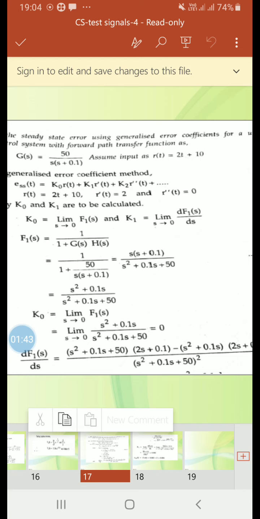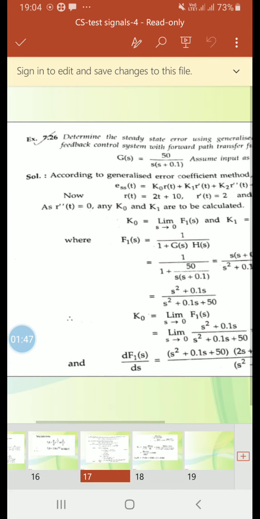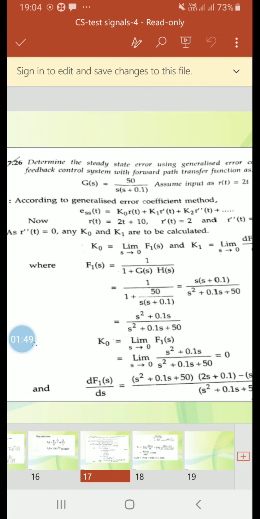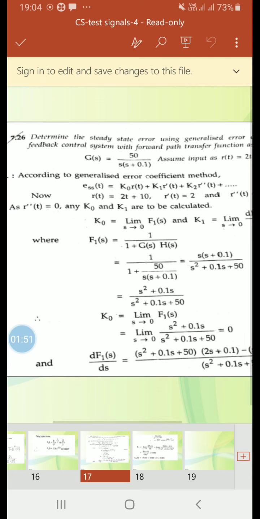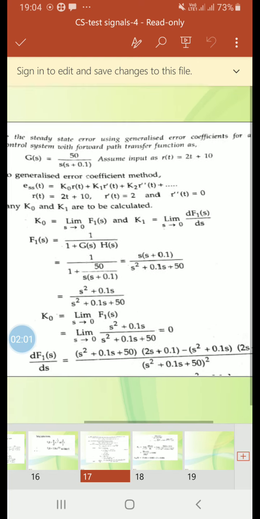Now, as r''(t) is 0, only k0 and k1 are now to be calculated. Therefore, k0 is equal to limit s tends to 0 of F1(s), and k1 is equal to limit s tends to 0 of dF1(s)/ds.